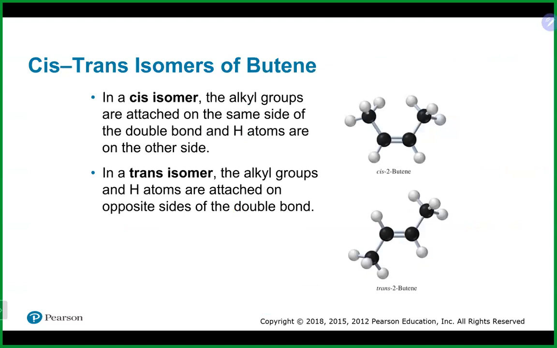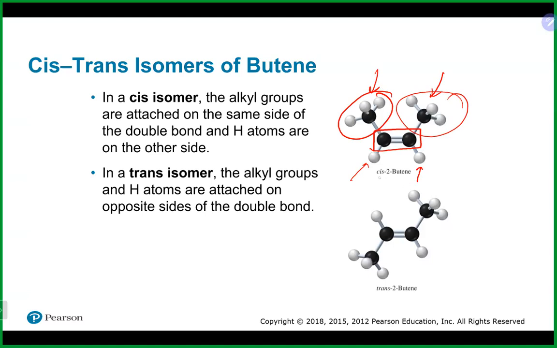So when we look at these, like I said, we can look at hydrogen. If we look at this carbon-carbon double bond, that's a methyl group, that's a hydrogen, that's a methyl group, that's a hydrogen. So once again, different groups on the same carbons. The similar group on both is the methyl, and they're on the same side of the double bond, so that would be our cis.